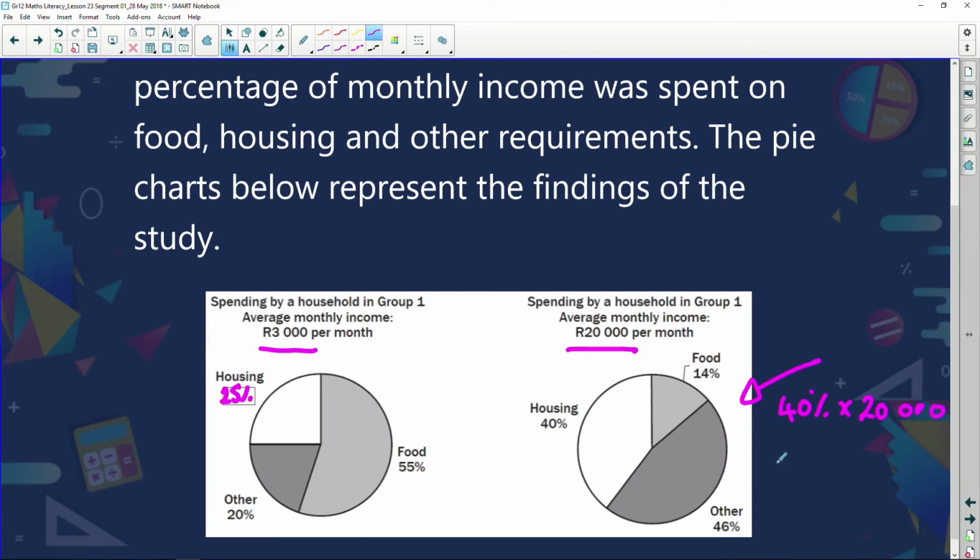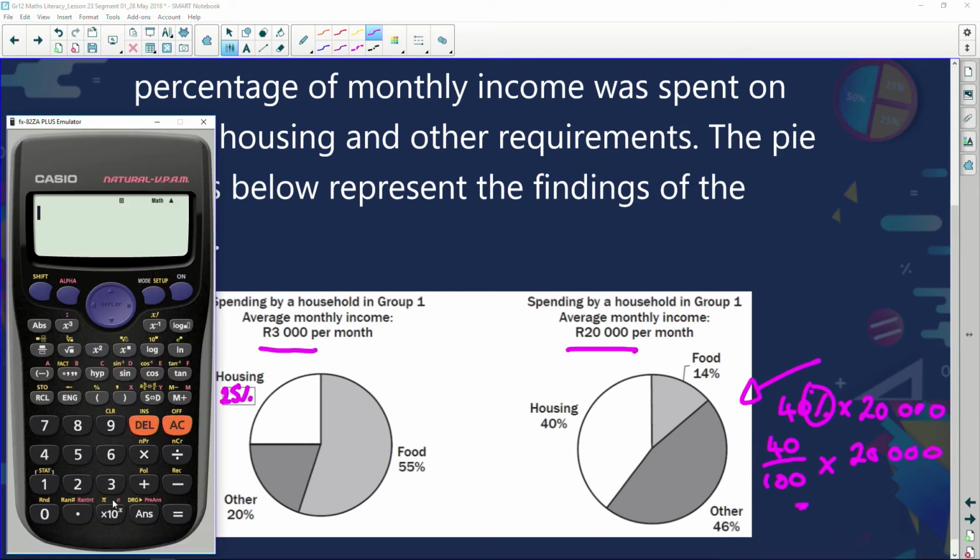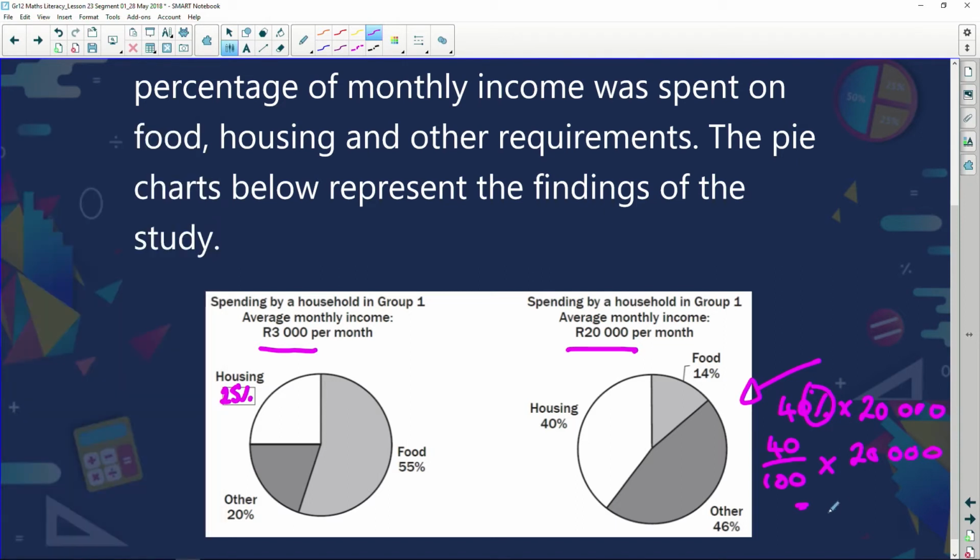So we're going to say, right, 40 over 100, because we're dealing with percent, multiplied by 20,000. So we've got 40%, so it's 40 over 100. Then we're going to multiply that by 20,000. And we land up with an answer of 8,000. So they spend 8,000 Rand a month on housing.